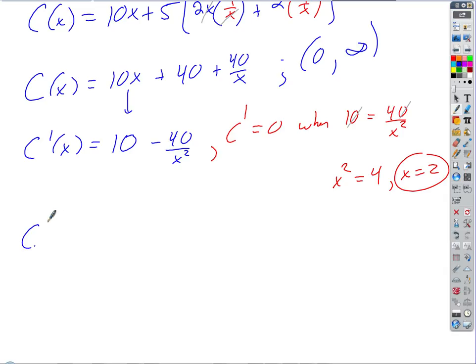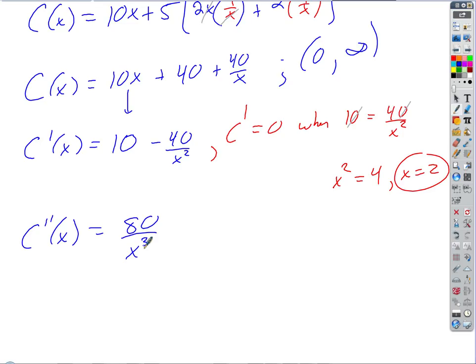So C double prime of x is what in this case? 80 over x. So I've got negative 40 x to the minus 2. Oh, so it's going to be positive 80 over x cubed. But for any positive value of x, the sign is going to be positive.